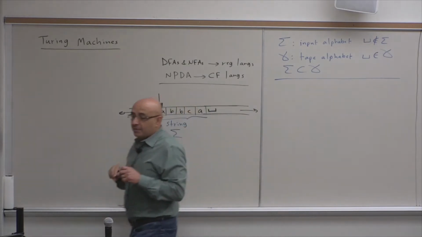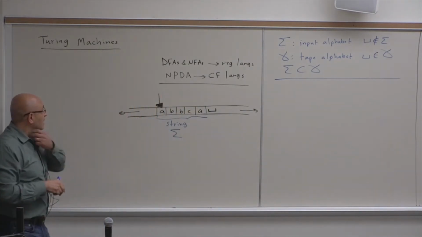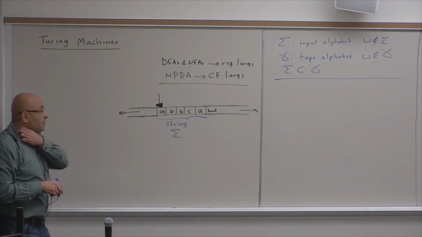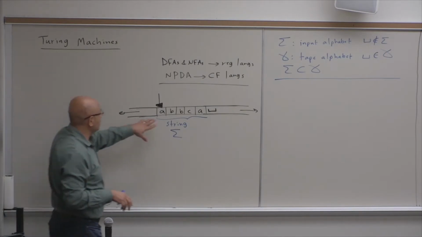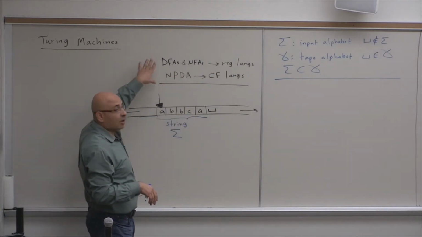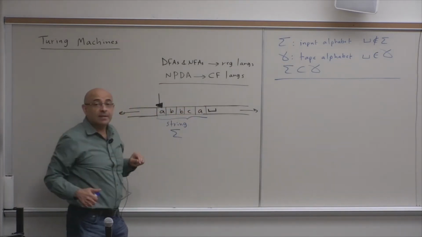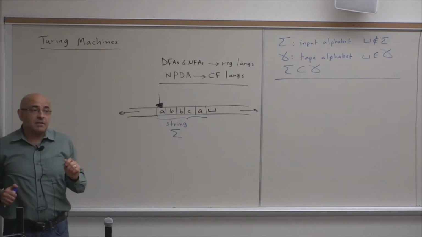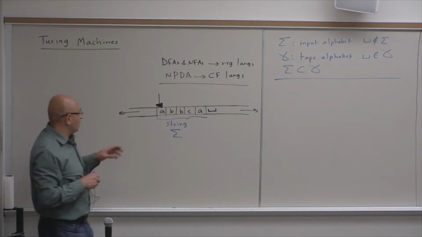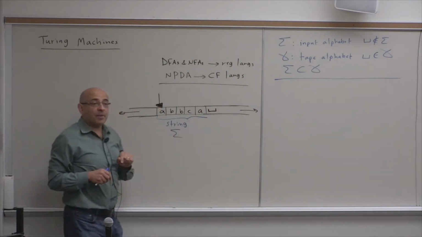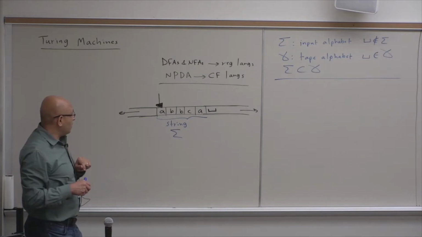Now, so far we have introduced a feature that the Turing machine has, but finite automata and push-down automata didn't have, which is this unbounded memory. But the power of the Turing machine is not limited only to having this unbounded memory.